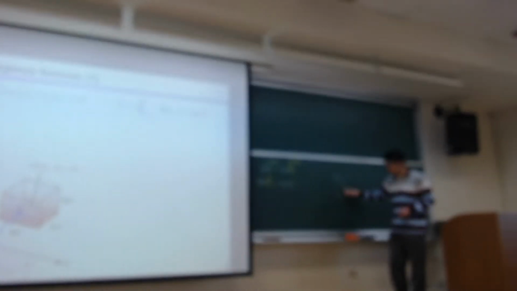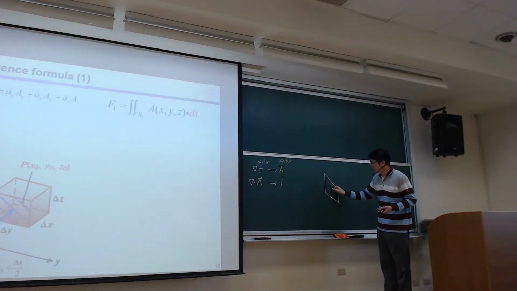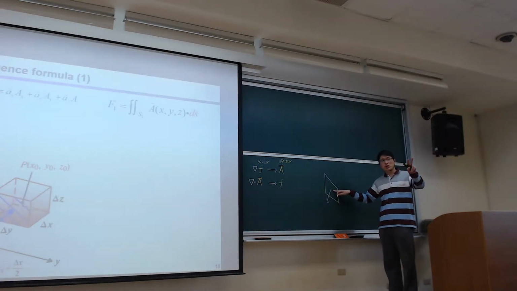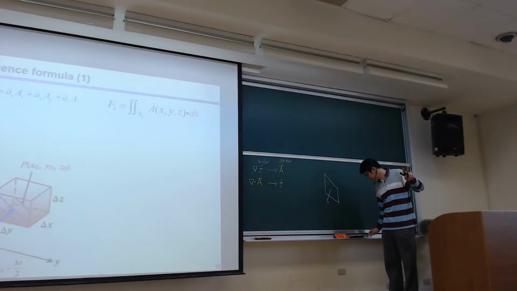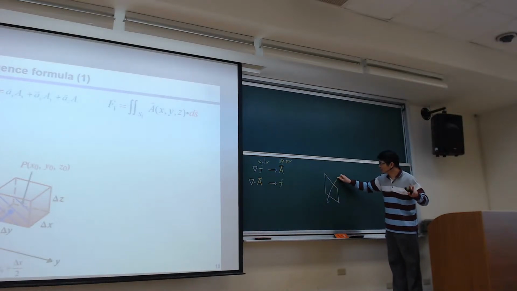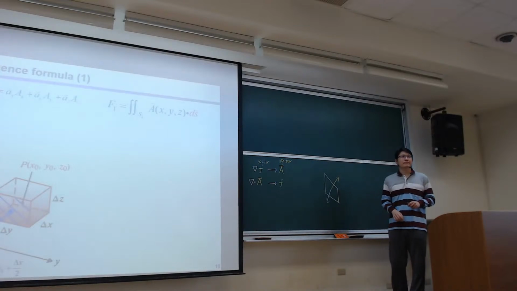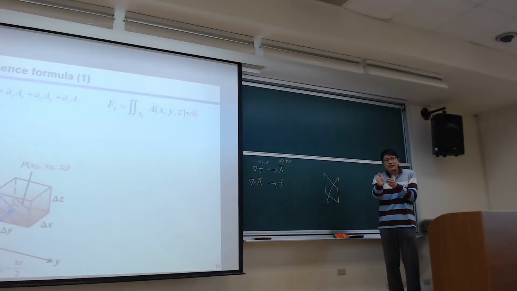You have a surface, right? Ideally, a surface has no thickness. So you might be wondering, the surface can actually have two directions. One is going out, the other going in, right? So for a given surface, you can have two directions.